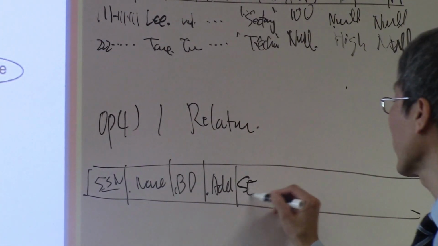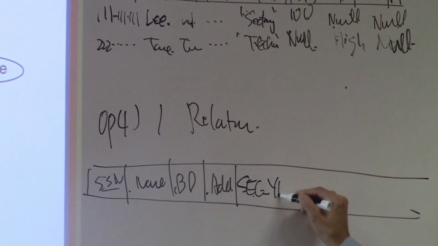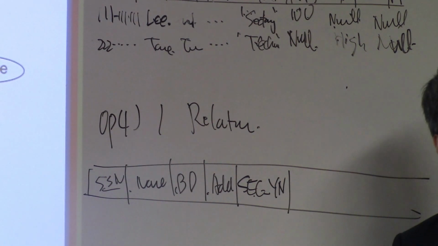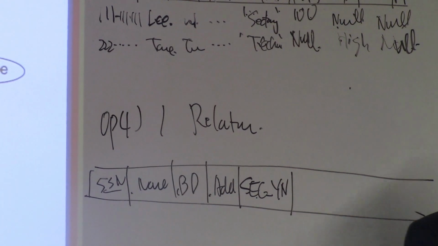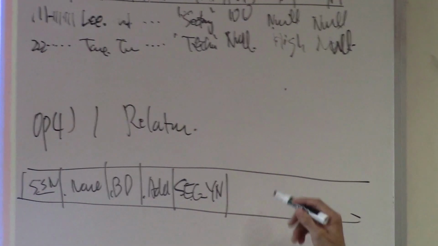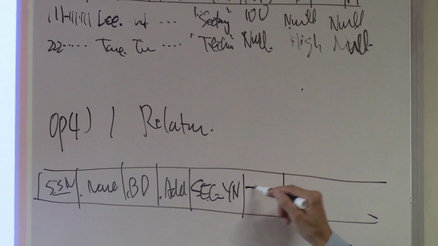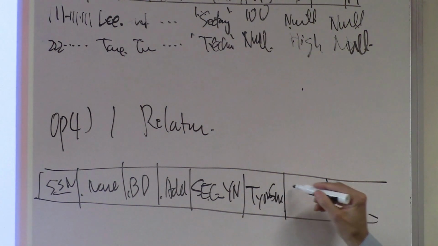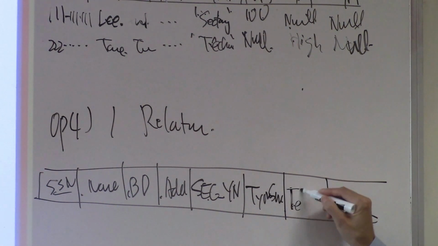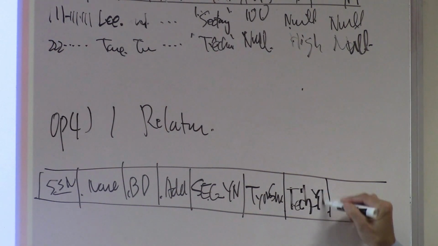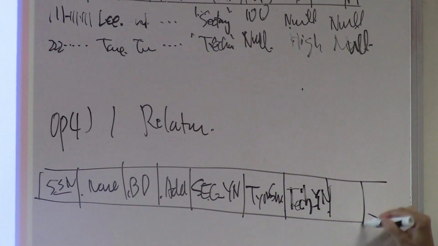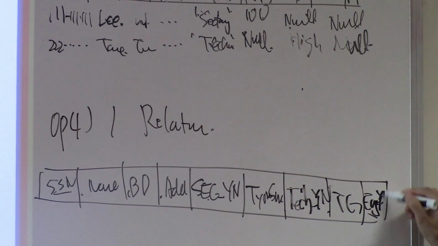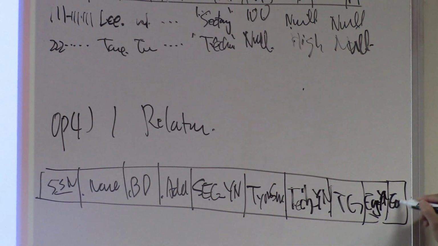So secretary, yes or no, using Boolean type. Boolean, yes or no, true or false. Then this is the typing speed. Also ask technician, yes or no. Then T grade. Engineer, yes or no, engineer type.